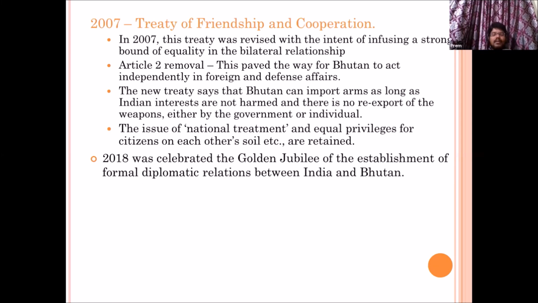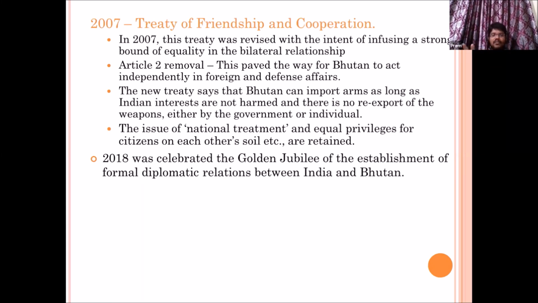So when these kinds of complaints came, India also realized that this is the 21st century and we have to treat nations as equal. And because of close cooperation, they revised this treaty and made a new treaty in 2007 called the Treaty of Friendship and Cooperation. Under this treaty, that provision where India controls defense and foreign relations is removed.